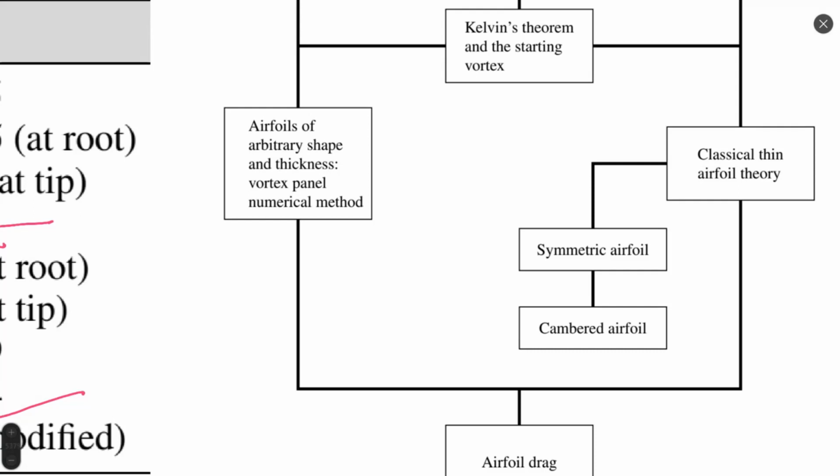And as a particular solution of this general model, we will have a model called classical thin airfoil theory. That is a simplified numerical method, allowing us to calculate two types of airfoil. The symmetric airfoil, which is simple, right? Because the upper part is equivalent to the lower part, so we can calculate just one part.